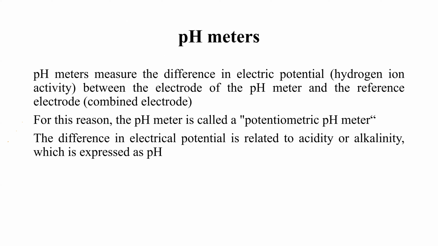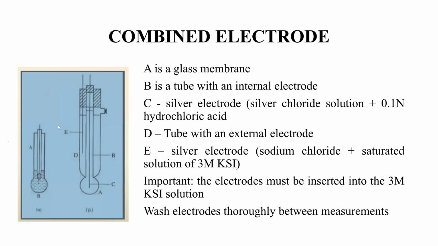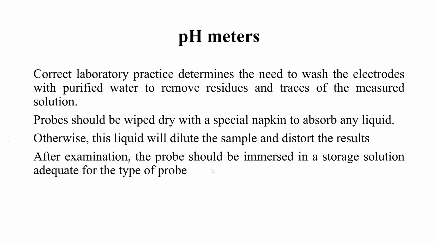For this reason it is called a potentiometric pH meter, because electric potential is related to the acidity or alkalinity of the environment. The device is based on electrodes: an external electrode and a silver electrode, which measure the potential in the liquid, and the difference between these potentials reveals the acidity or alkalinity, the pH level.